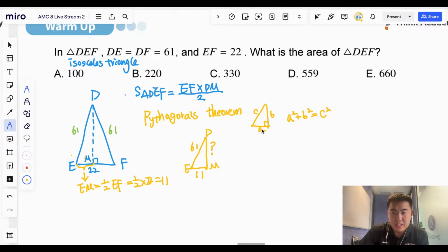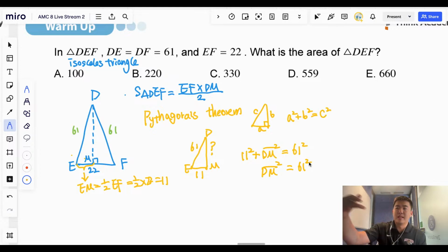In this case, our A is 11, so 11 squared plus B. Our B is unknown, so let's just put DM. DM squared is equal to C squared, and our C now is 61 squared. Since this is an equation, we can move terms from the left of the equality to the right. Let's subtract 11 squared on both the right-hand side and left-hand side.